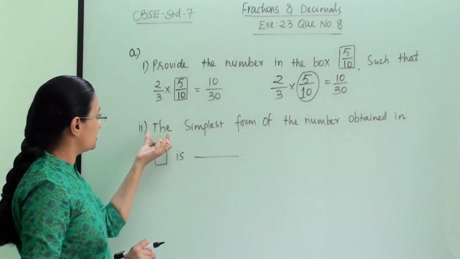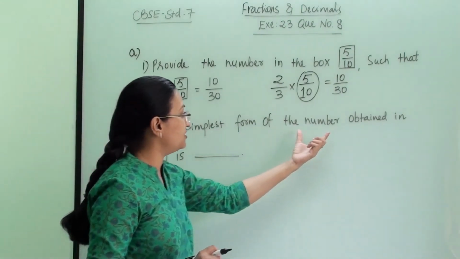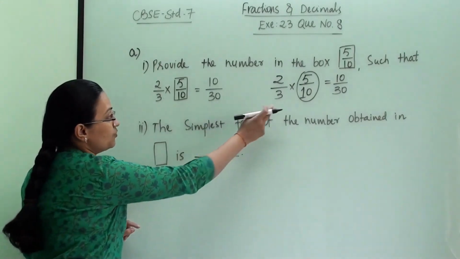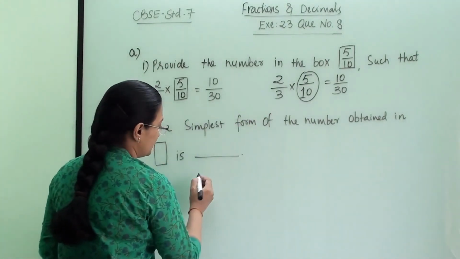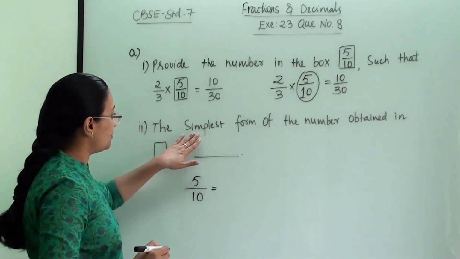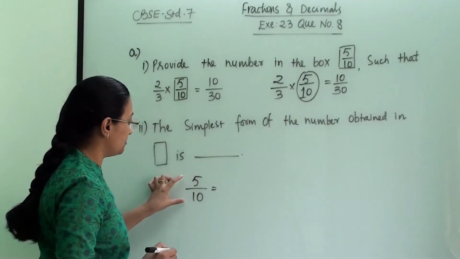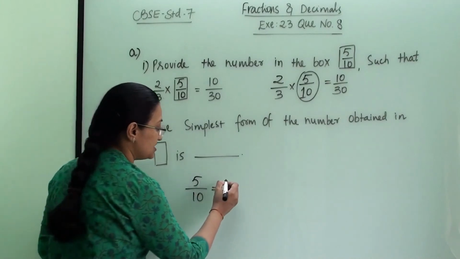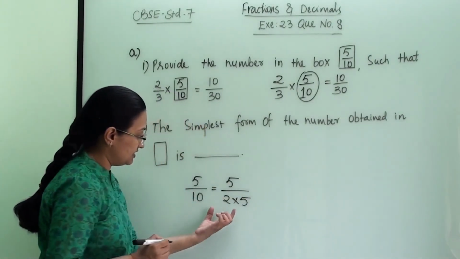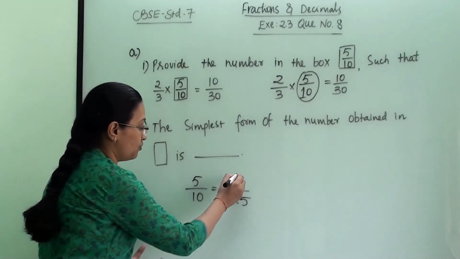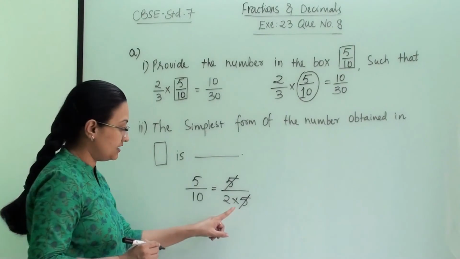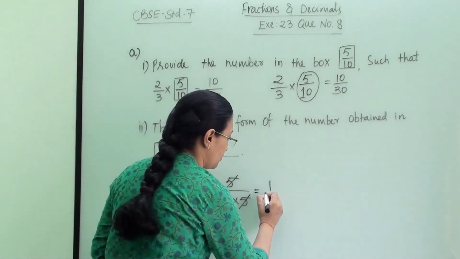Then the next question: the simplest form of the number obtained in this box. The fraction we got here is 5 by 10, and they are asking what is the simplest form of this number. So let us write it and find the simplest form. 5 and 5 we can cancel, and we will get 1 by 2.